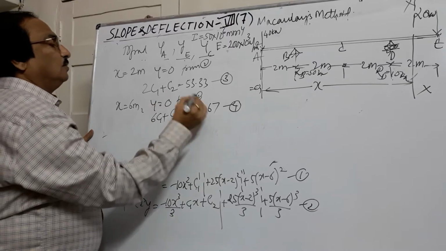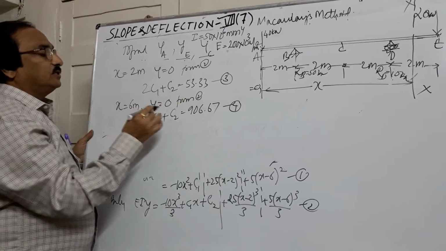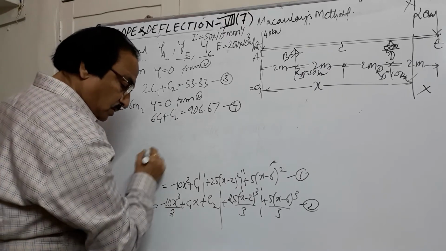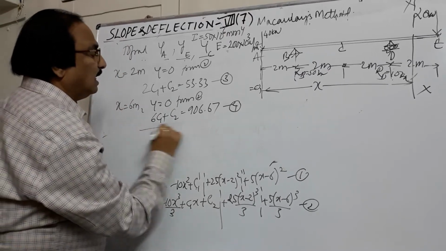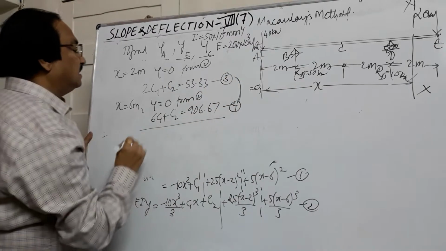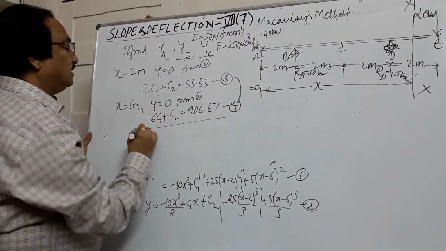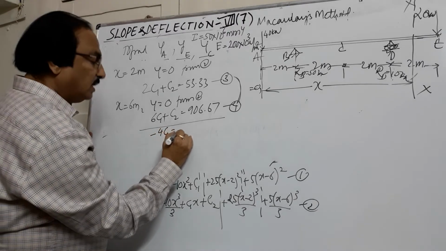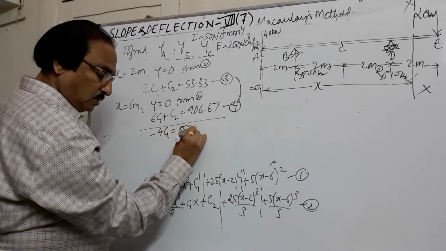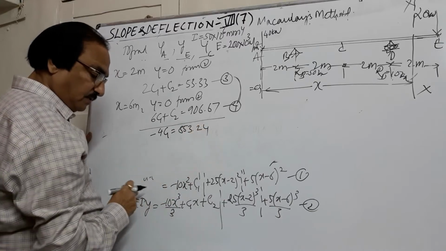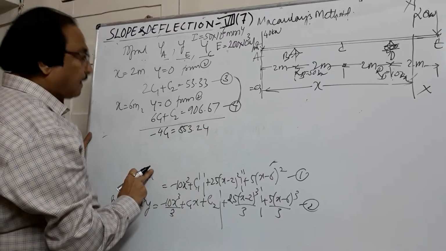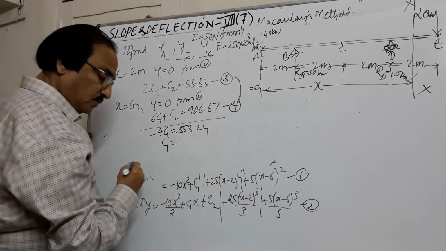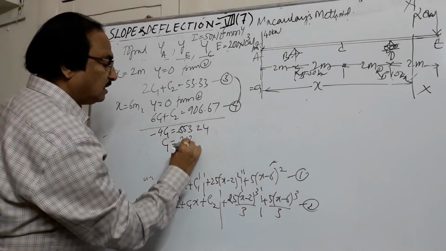So if you want to cancel C2, I am taking this 4 and 3 simultaneously, C2 gets cancelled here. So minus 4C1 is equal to 853.24. If you simplify that, C1 value will be equal to 213.33.